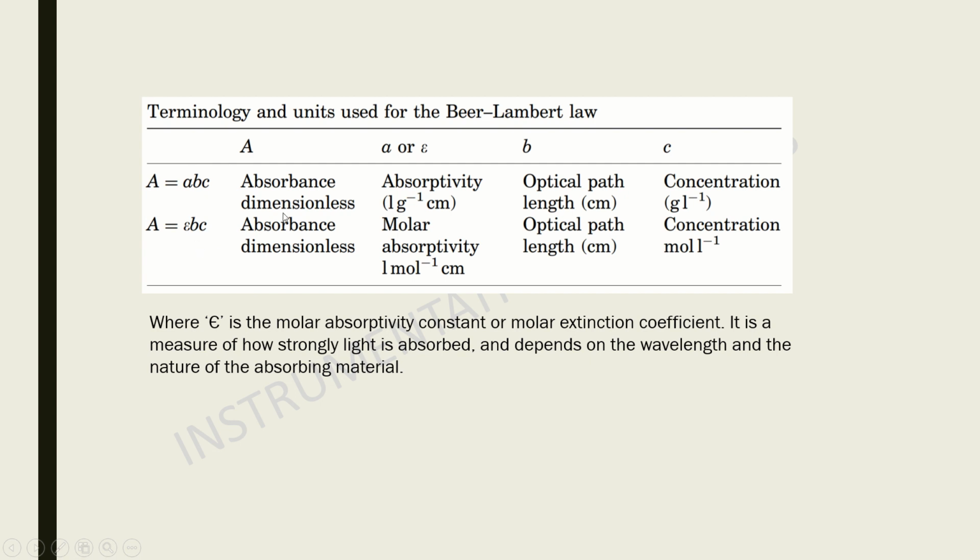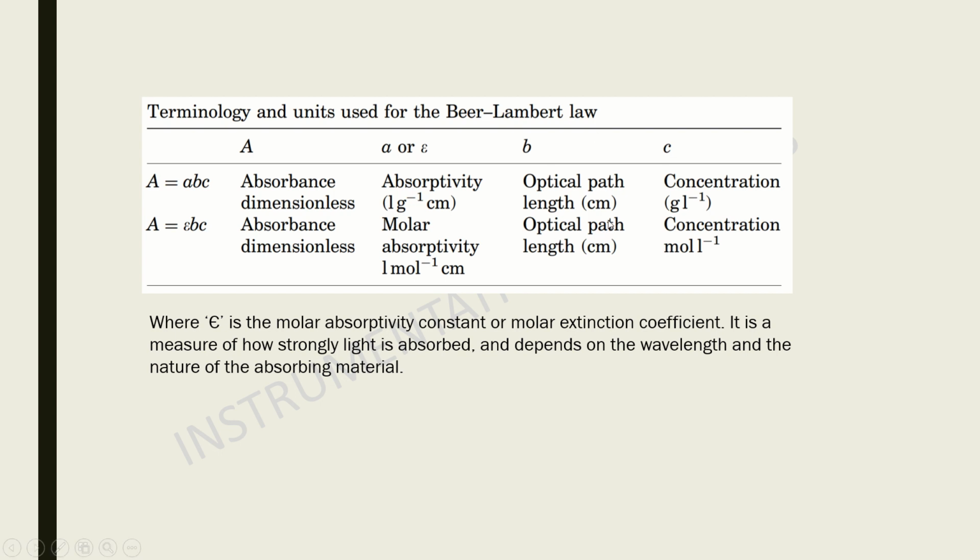Yes. a is the absorptivity with the unit of centimeter per gram, whereas epsilon is the molar absorptivity with unit centimeter per mole. The optical path length is the same. We can also consider l in place of b.